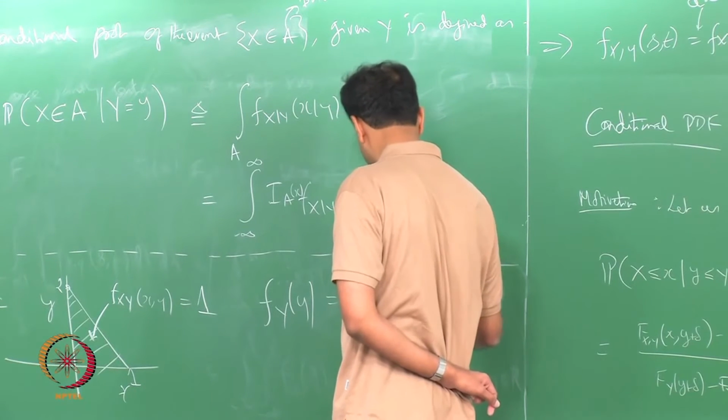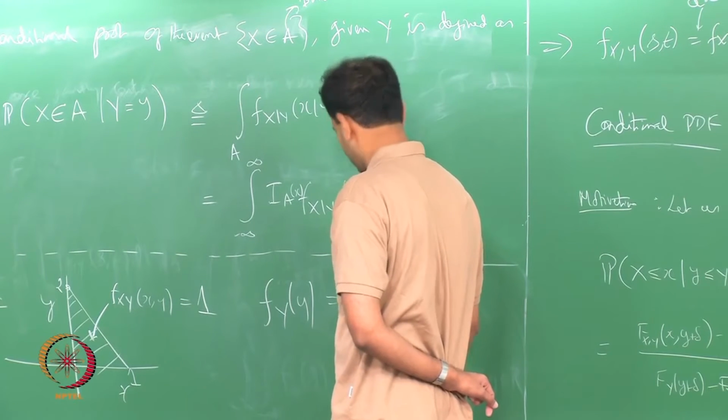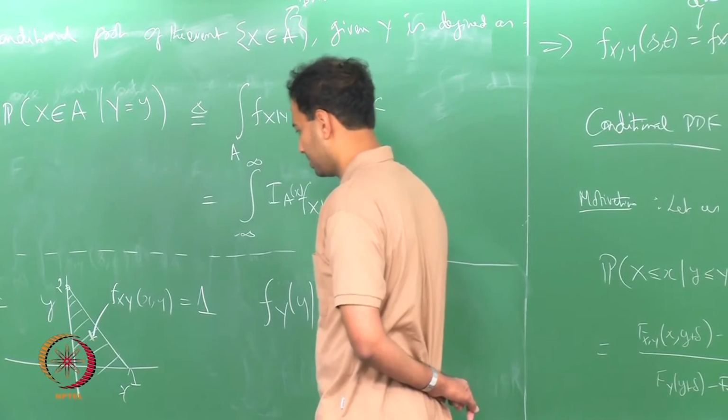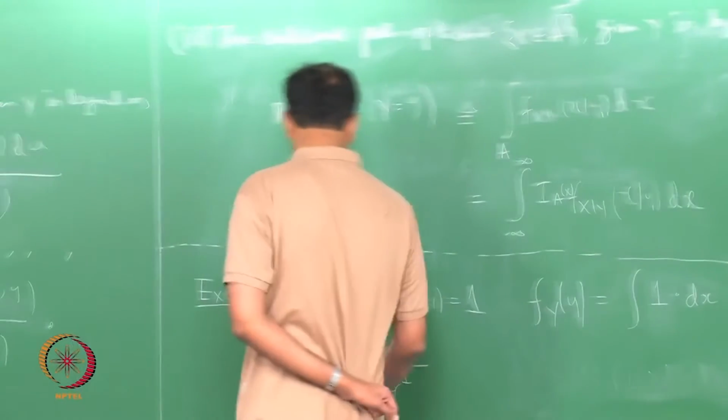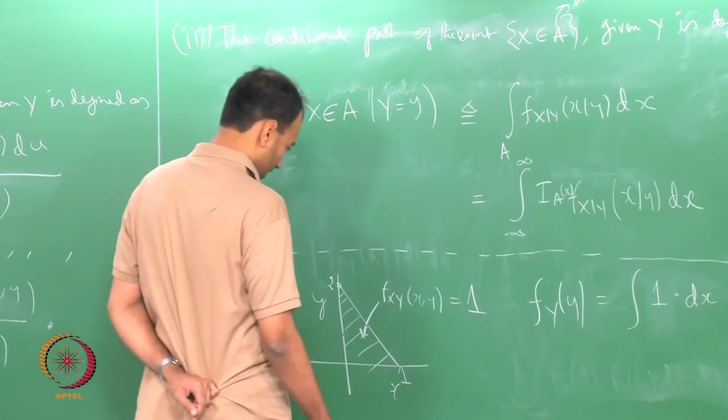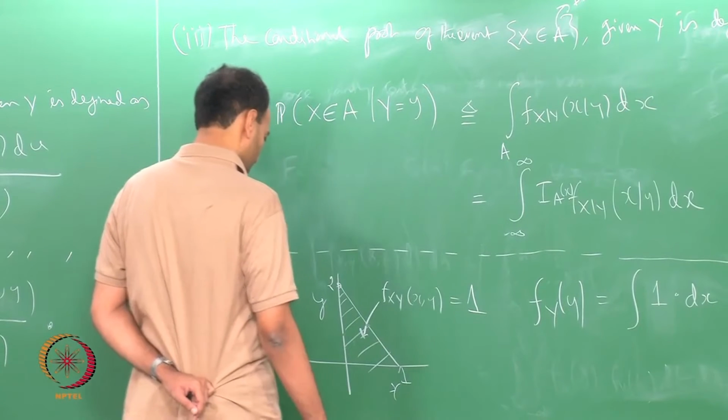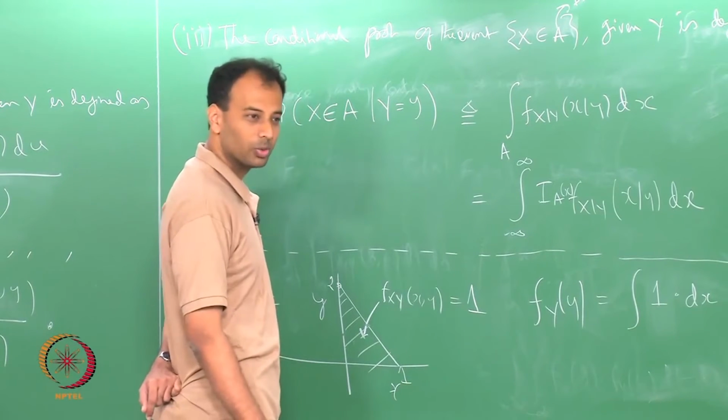So, this will be 1 dx and x ranges from 0 to 2 minus 2 x or what, 2 minus 2 y, right.